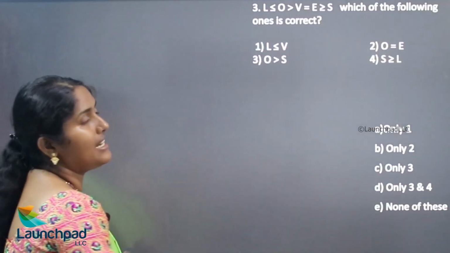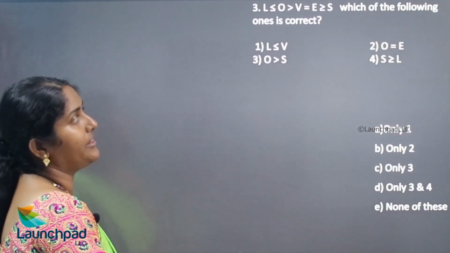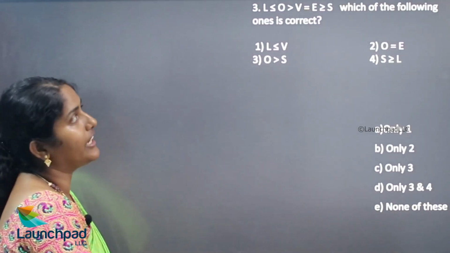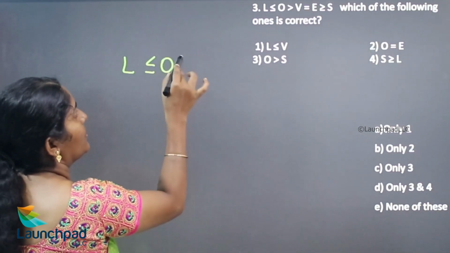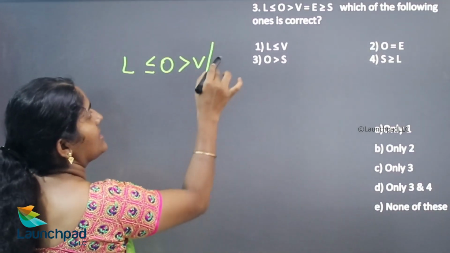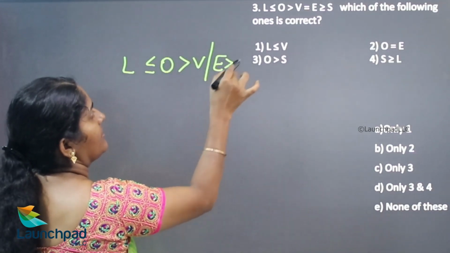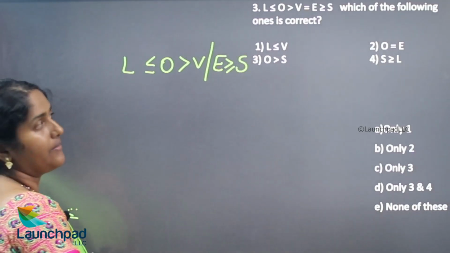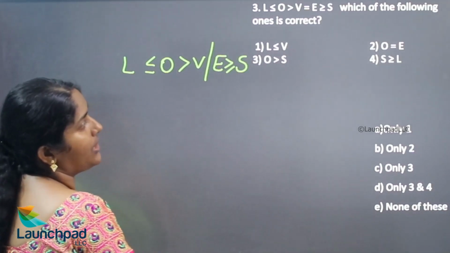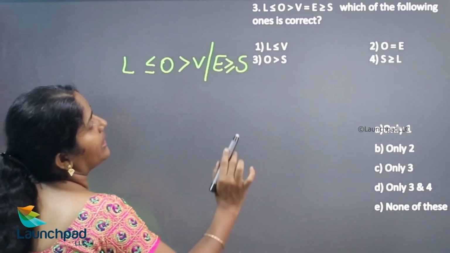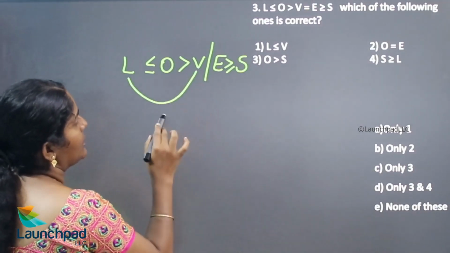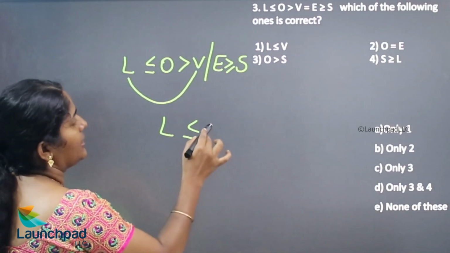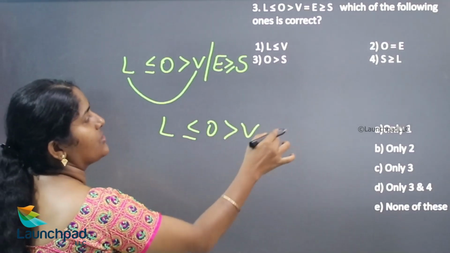L less than or equal to O greater than V, equivalent to E greater than or equal to S. Now which of the following one is correct? So here L less than or equal to V. L is greater than O, O is greater than V, it is wrong.